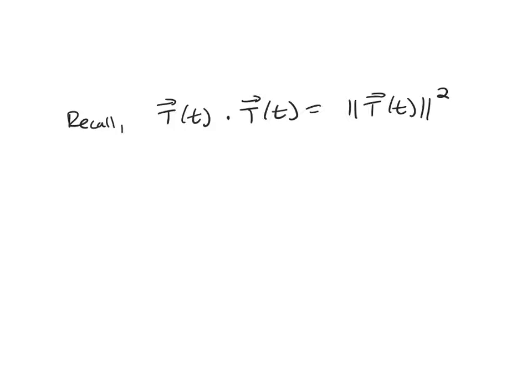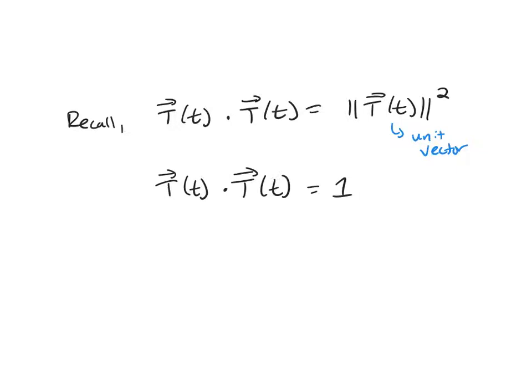But remember that this vector T that we mentioned last time is a unit vector, and so its length is 1. So now I know that T dot T is 1.